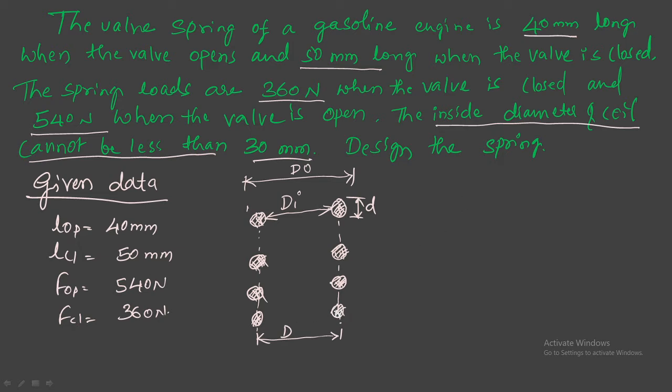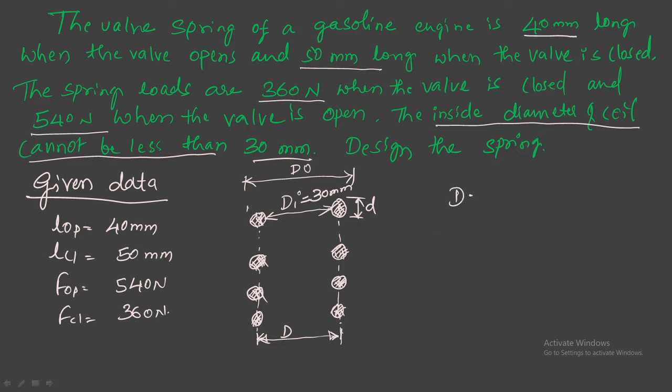This sort of cross section. So now the dimension of the inner diameter has been fixed here. It should be minimum 30 mm. Right? Now, once you have the inner diameter, can you calculate the mean diameter in terms of coil diameter?